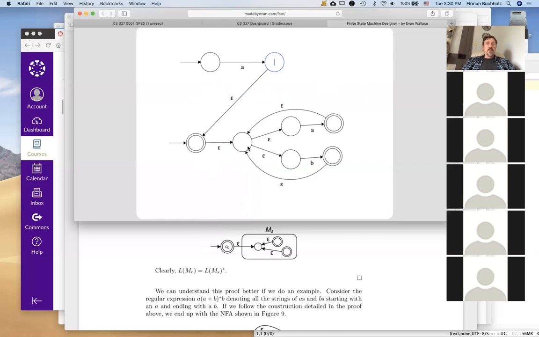And you can see it really is redundant. Technically, I could just have the transition from here on A to here and have this be an accepting state. That would work. But if you really follow the construction to the book, then what we need to do, we still need to concatenate B here.